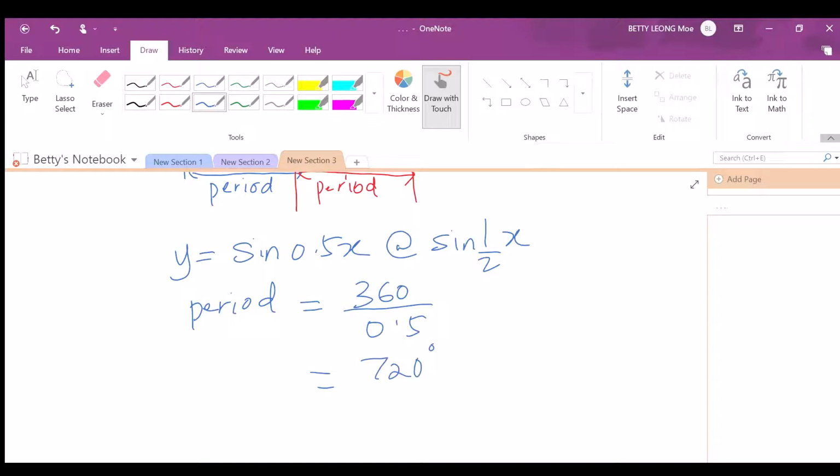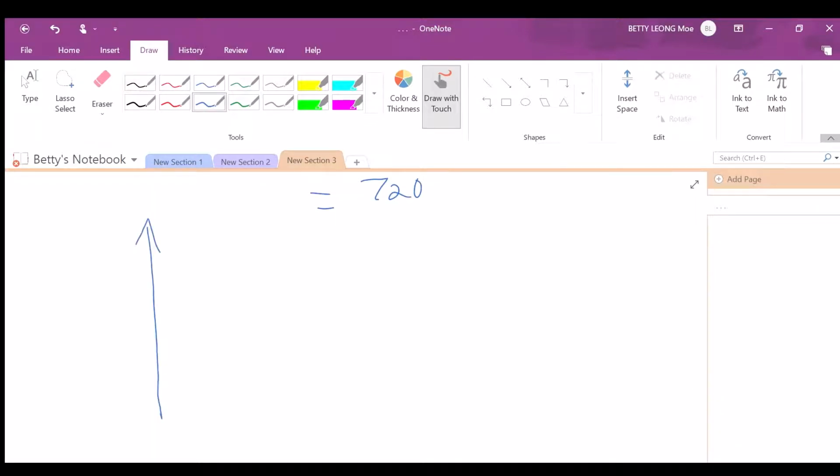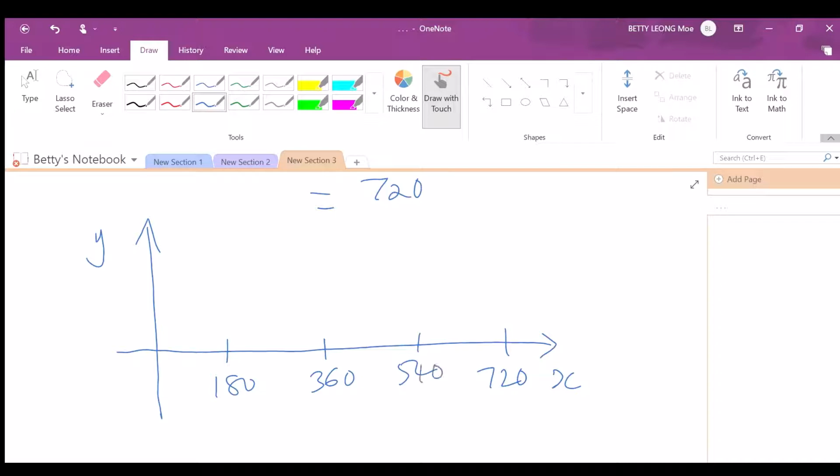So the complete cycle will be in the angle 0 to 720. So how to draw it? Maybe make your x longer, because it's 720 already. The middle will be 360, and then another middle here is 180.